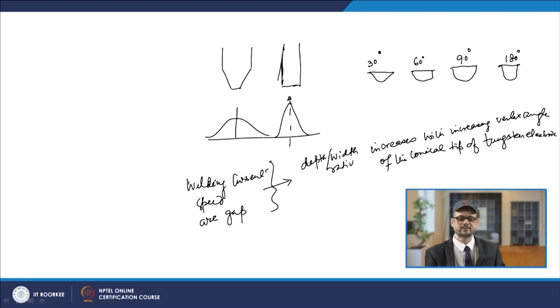As we see, if you increase the vertex angle, the depth to width ratio will increase. So, in this case the depth is increasing as the vertex angle is increased, and it has also been reported by another researcher, Key, who, with arc shielding, observed a similar phenomenon.